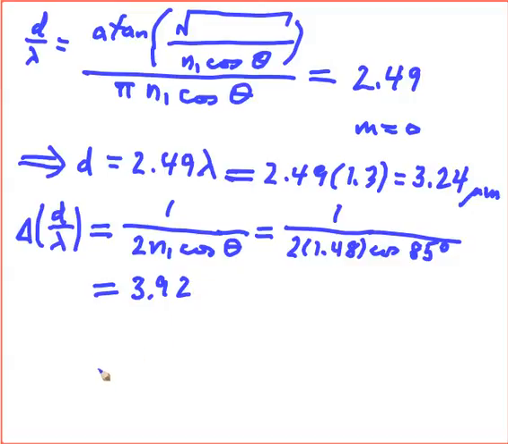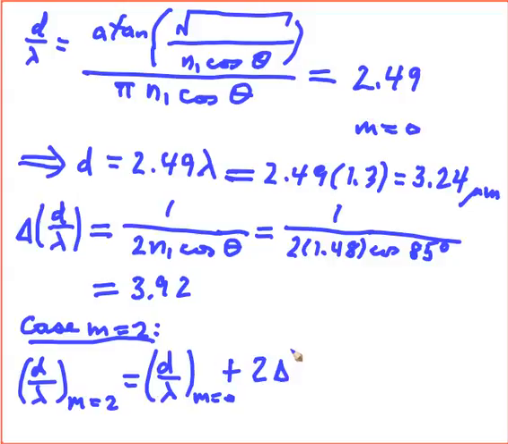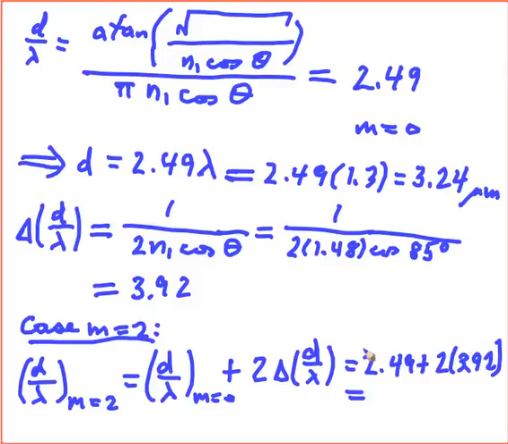And so what we can do then to find the case m equals 2 is say that d over lambda for m equals 2 is d over lambda for the case m equals 0, the first one, plus twice delta d over lambda. So this is going to be 2.49 plus twice 3.92.